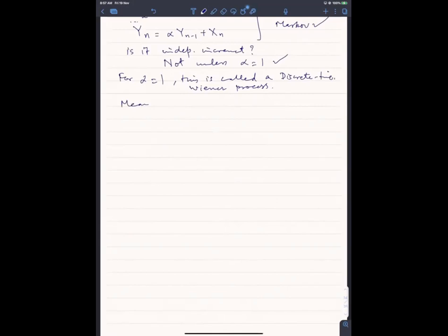Mean and autocorrelation function of the Gauss-Markov process. So we know, okay, y1 is equal to x1, which has a normal 0, n distribution.